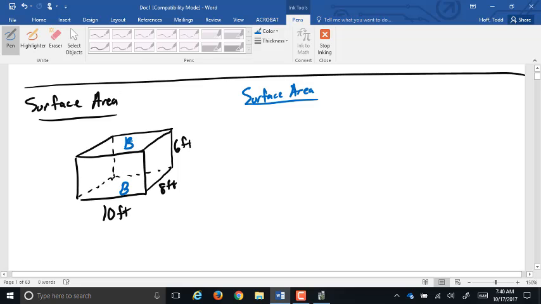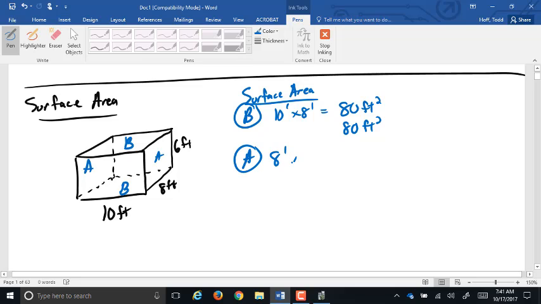I'll label them B for bases, top and bottom. Those are each 10 feet by 8 feet, or 80 square feet. And there's 2 of them. I'll label these sides A and A. Those are 8 by 6. So those are both 48 square feet.